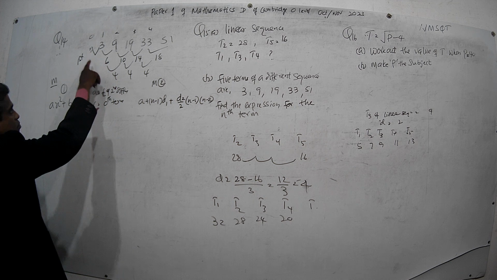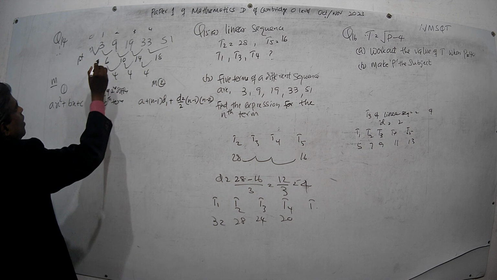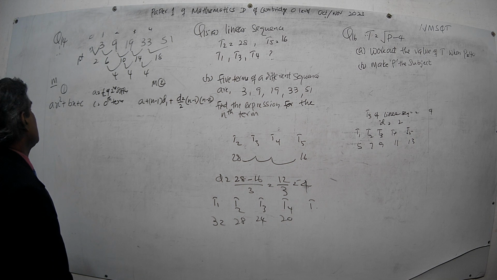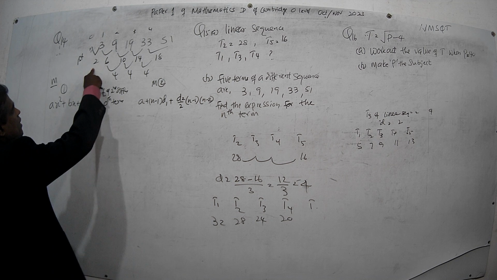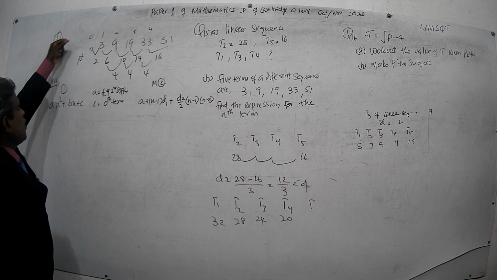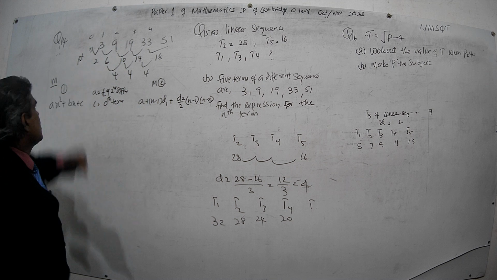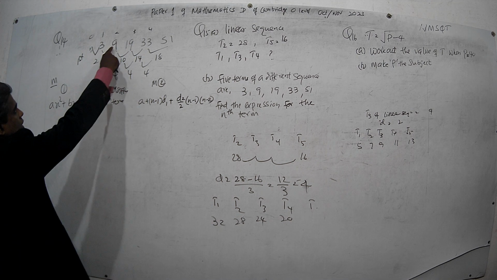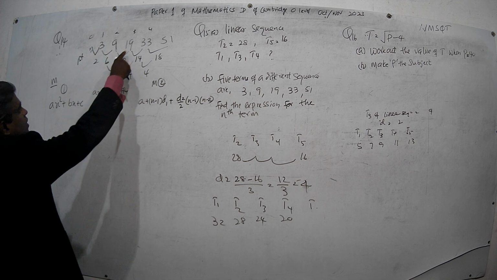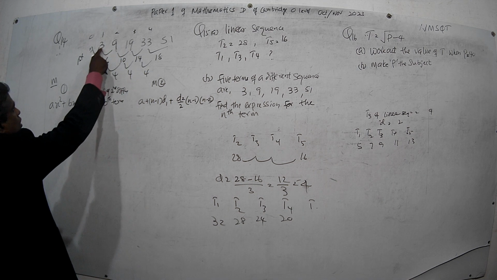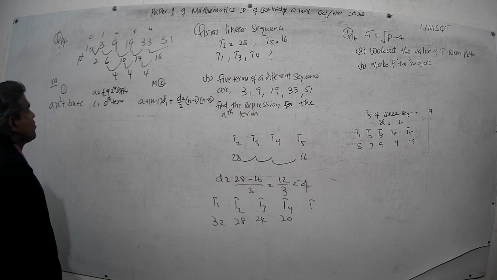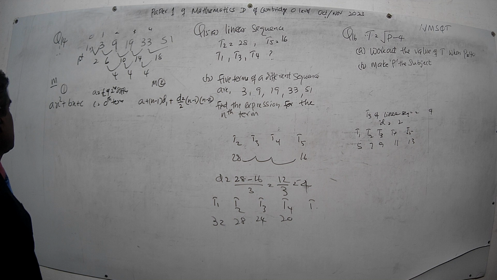That means 2. Then that 2 is deducted from this one: 9 minus 6 is 3, then 3 minus 2 will be this term, 1. That is the zeroth term.